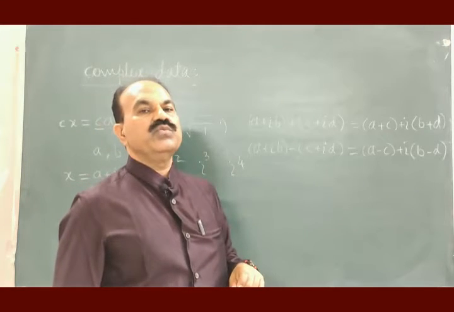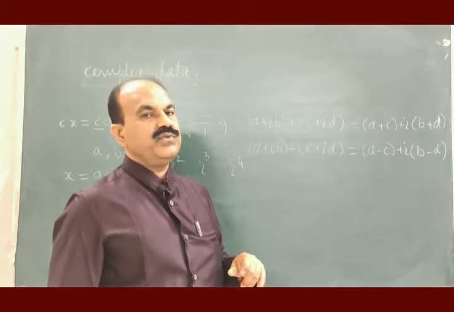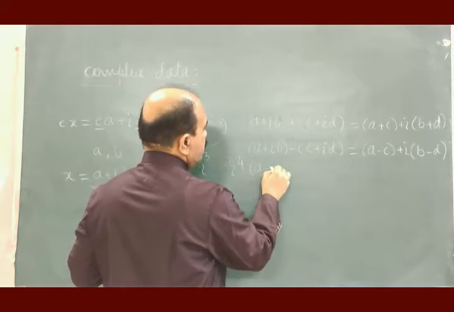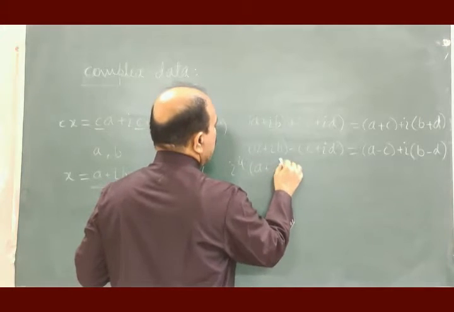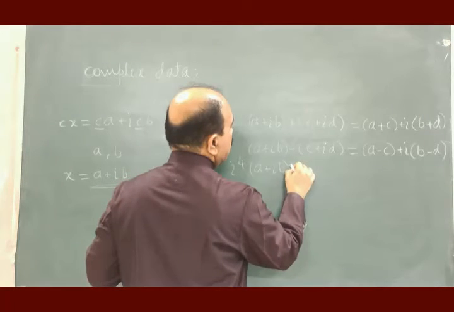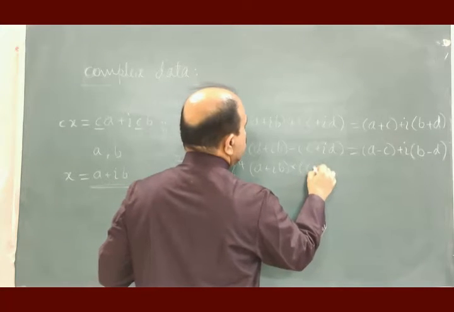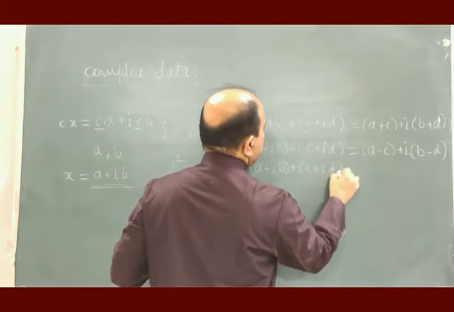Similarly, we can do product of two complex numbers. Let us consider these two complex numbers a plus ib into second complex number c plus id.